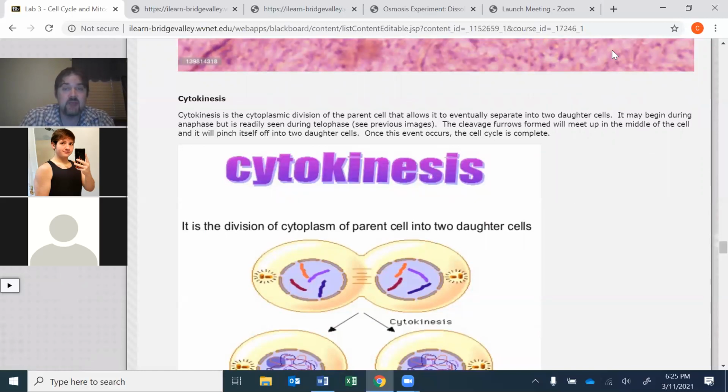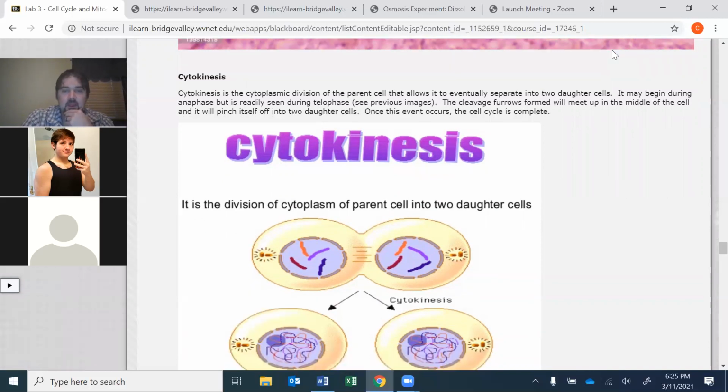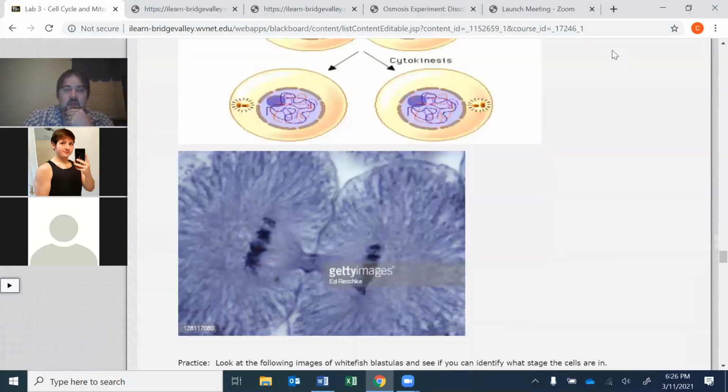So they actually have recordings now where you can watch a cell as it's in the process of cell division. Cytokinesis is the cell basically splitting into two. It's not a stage of mitosis, it's basically an event as it pinches off and turns into two. So cytokinesis basically happens at the same time as the last stages of mitosis.